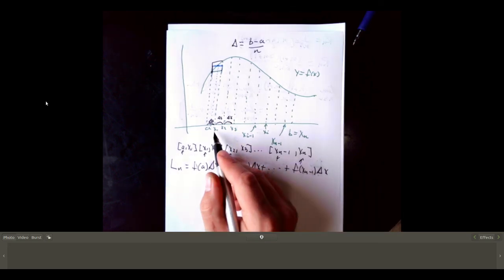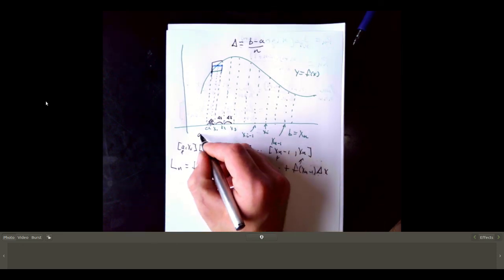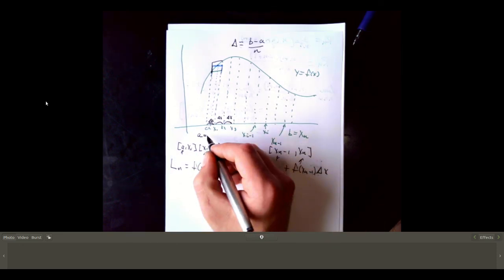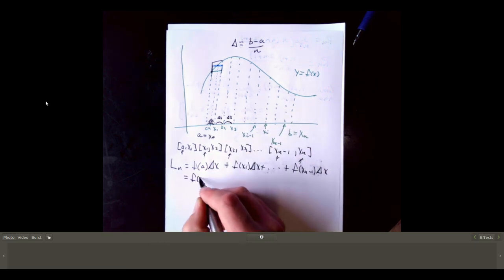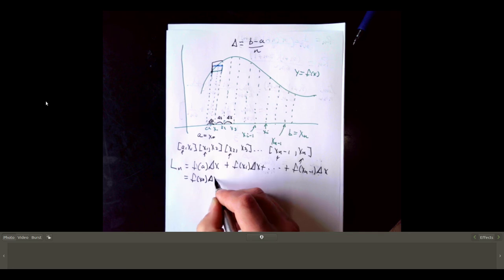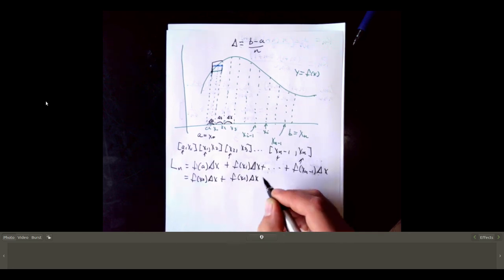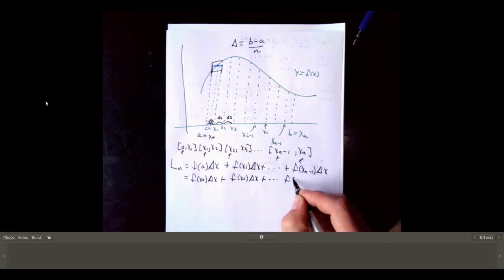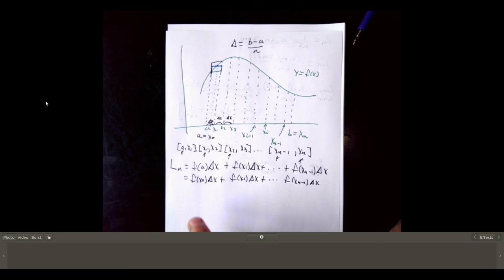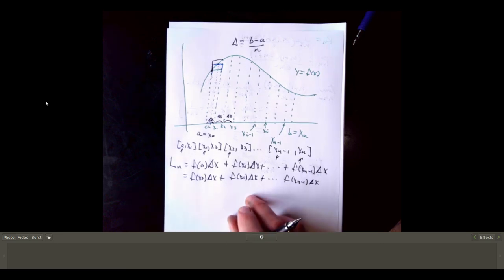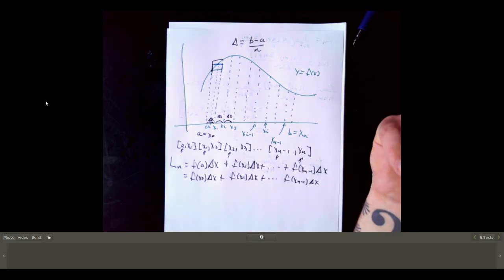Well, if I was able to call b x sub n, would you guys believe me if I called a x0? So we could call this f of x0 delta x plus f of x1 delta x plus f of x sub n minus 1 times delta x. So this is our idea for our left endpoints.